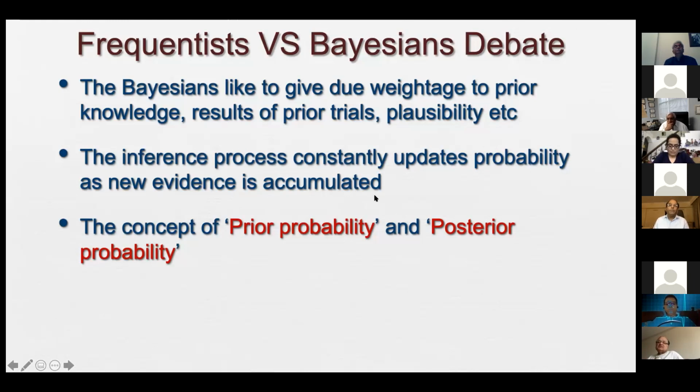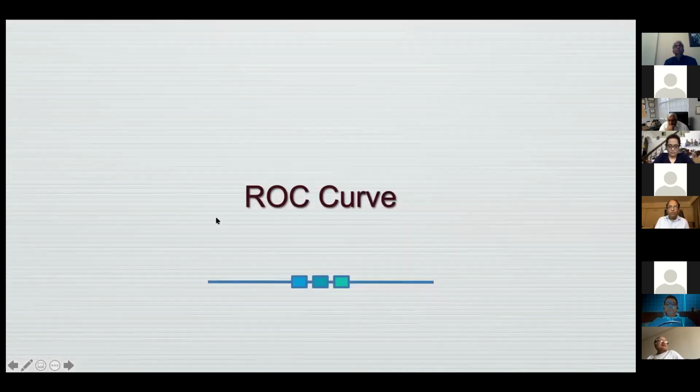So you give some prior probability estimate from the previous trials, and then based on the current trial, you come up with a posterior probability. This is the terminology used in Bayesian analysis: prior probability and posterior probability. But for the moment, we continue to hold on to our conventional methods of interpretation of p-value. But this is something that is knocking on the door.